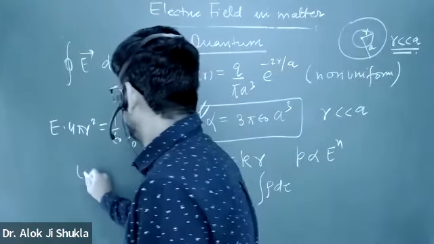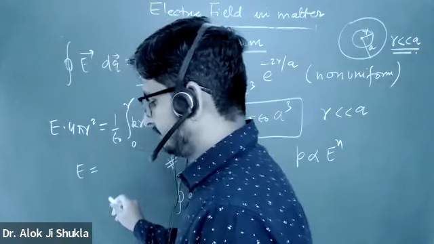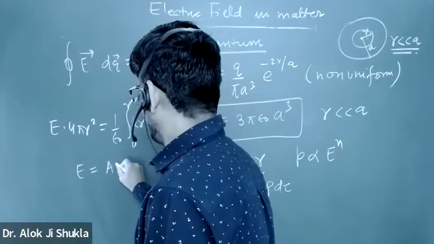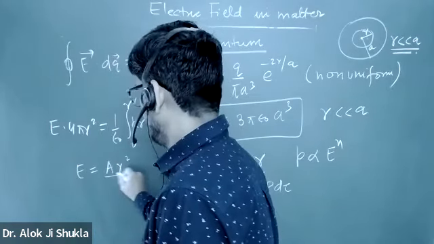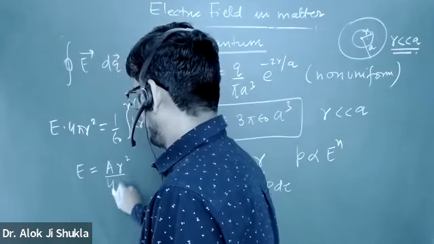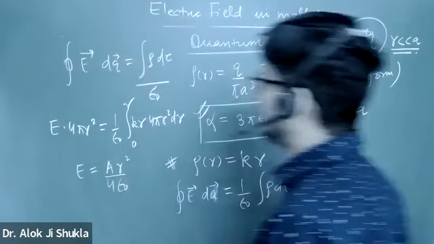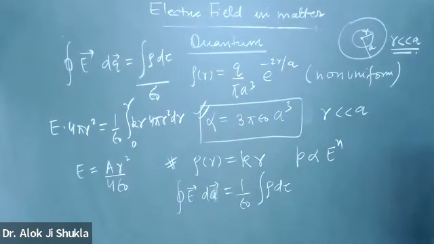E will become a r square by 4 pi epsilon. Calculate it quickly. Do this integral.